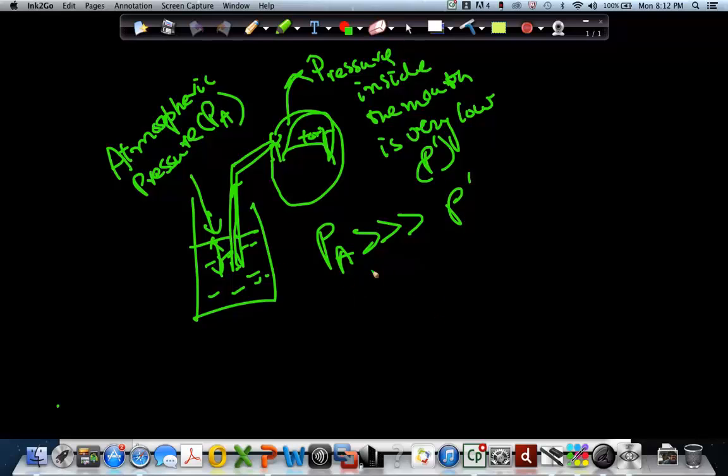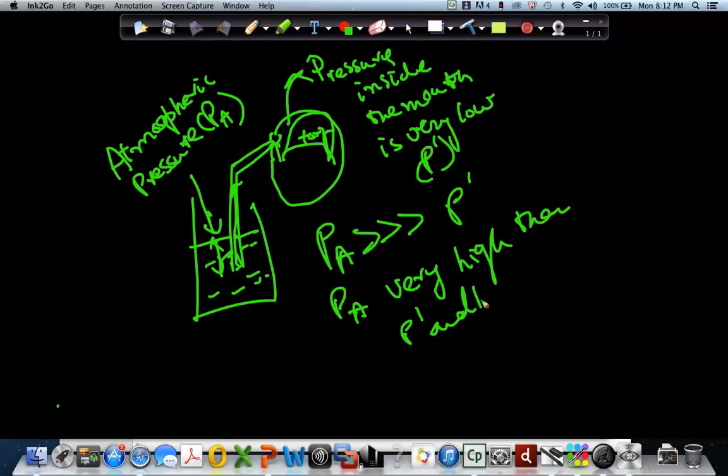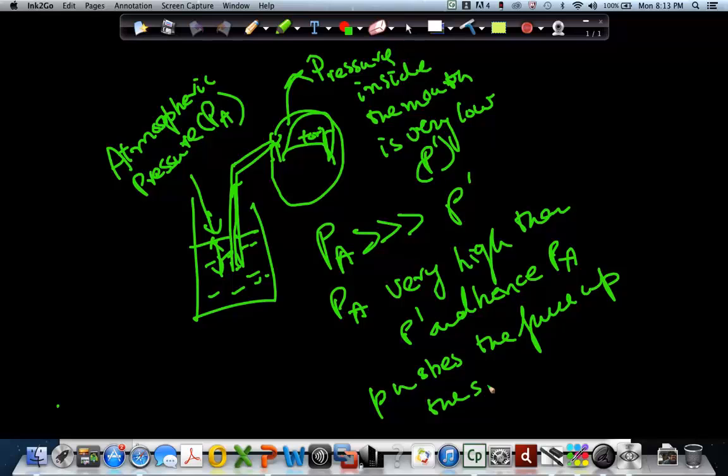And hence PA pushes the juice up the straw. This is how you are sucking in the liquid or the juice.